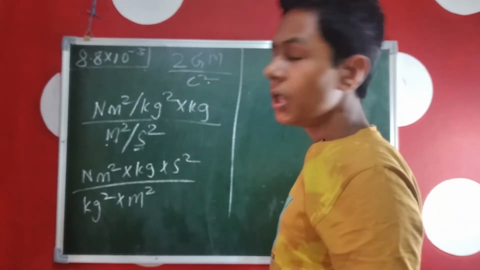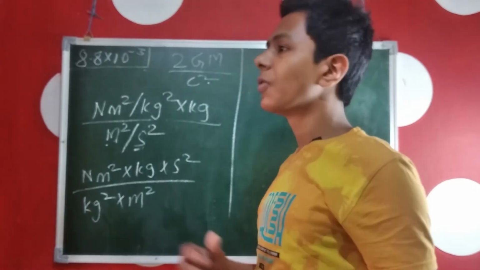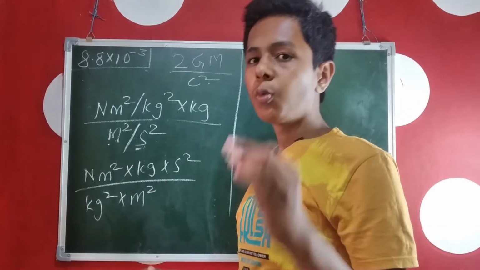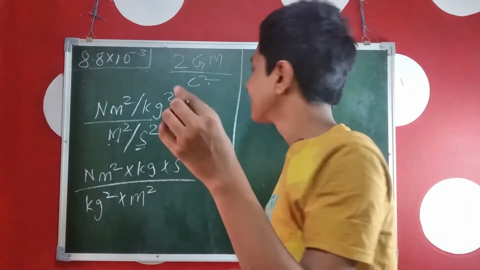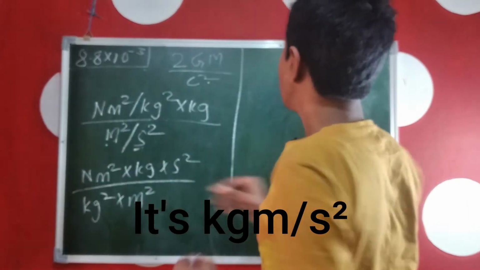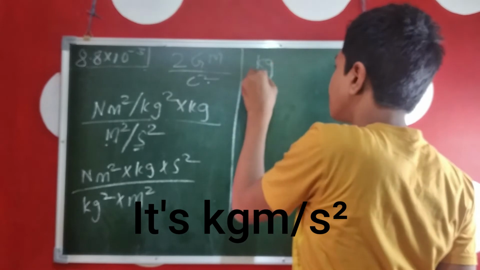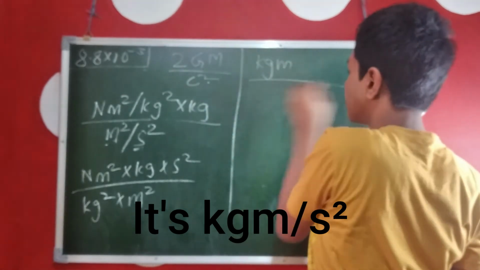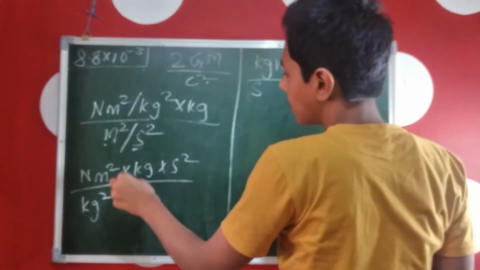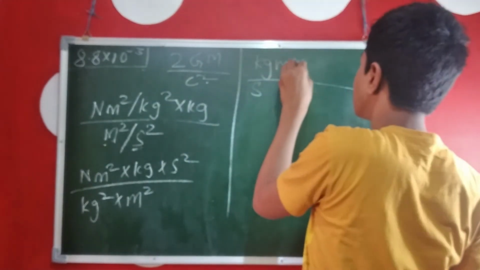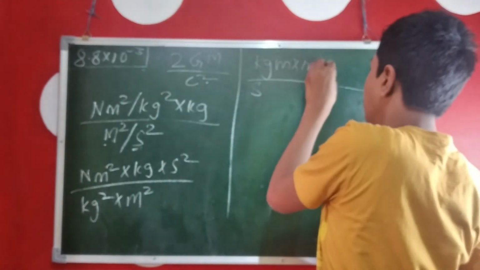Newton, we all know the value of Newton. The value of Newton is 1 kg meter per second square. So we can write Newton as kg meter per second square. Now meter square is meter into meter.